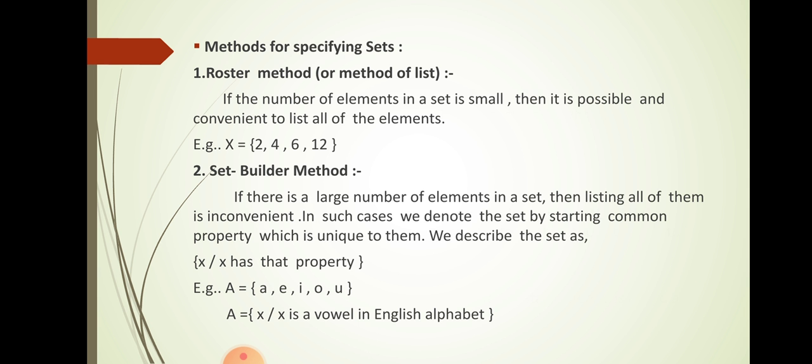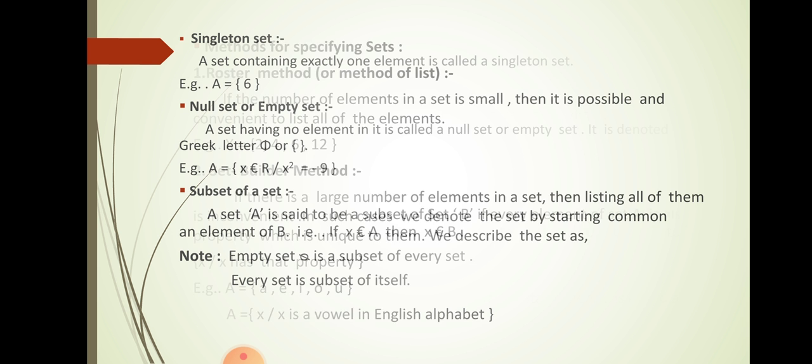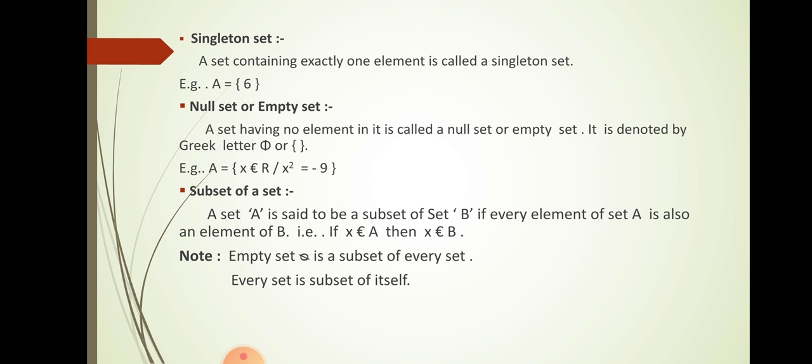For example, capital A is equal to the set {a, e, i, o, u}. Then by using the set builder method, capital A is equal to {x such that x is a vowel in the English alphabet}.